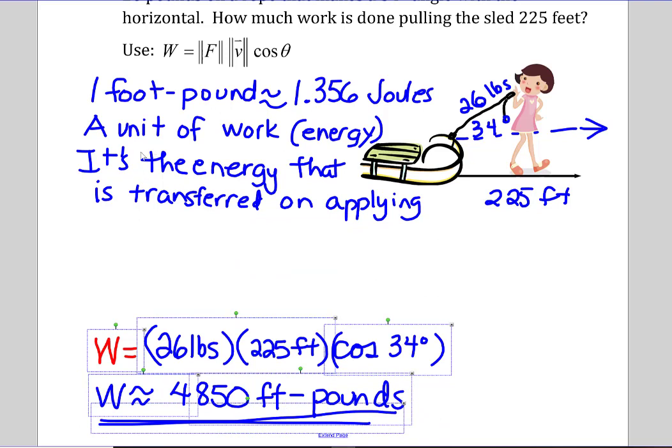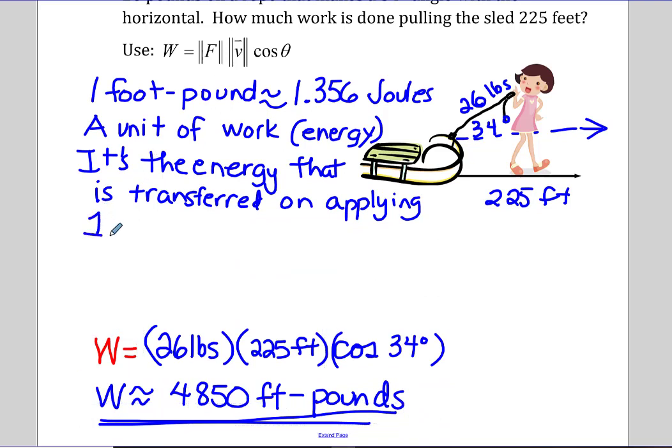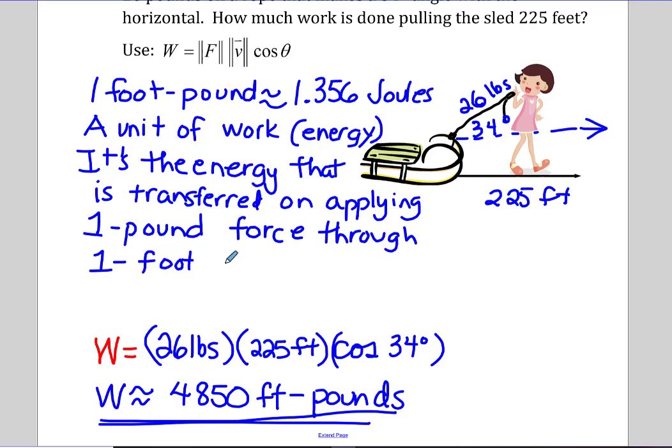It's the energy transferred on applying 1 pound of force through 1 foot of displacement. So as you pulled at 1 foot and applied 1 pound, you'd get a foot-pound. So we need 4,850 foot-pounds to do all that work. And that, my friends, is the end of chapter 6. Bye.